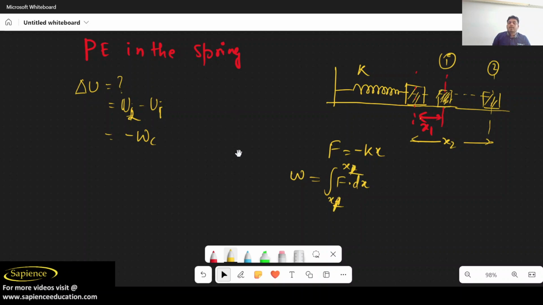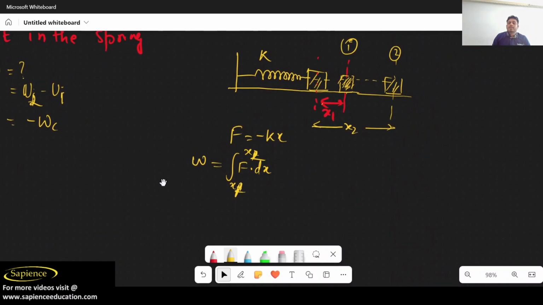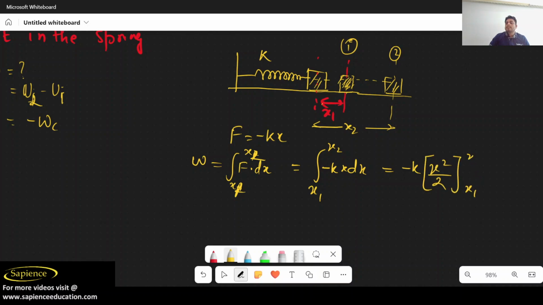Since force is equal to negative of kx, we can write the integral from x1 to x2 of minus kx dx. k is the spring constant, so by using the integration rule we get minus k x square by 2, from x1 to x2. So we can write minus k times x2 whole square by 2 minus x1 whole square by 2.